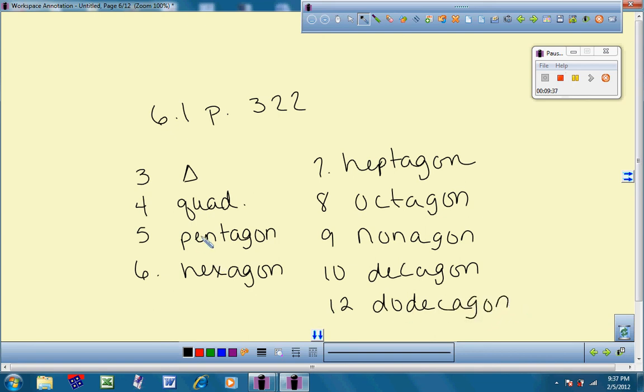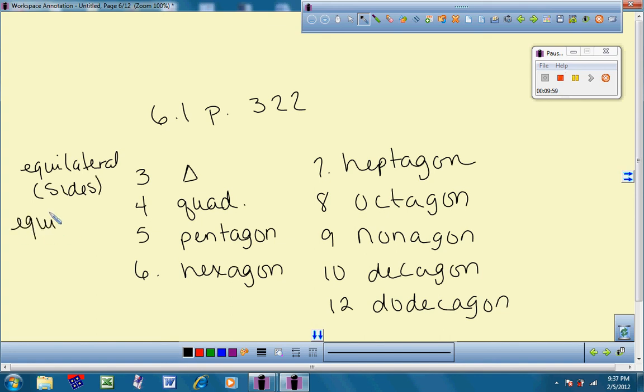You may want to practice sketching these special types of polygons using a straight edge, remembering that equilateral just means only the sides are congruent.